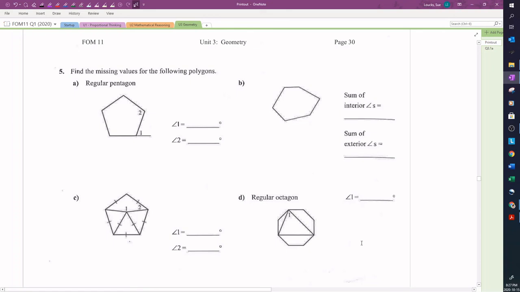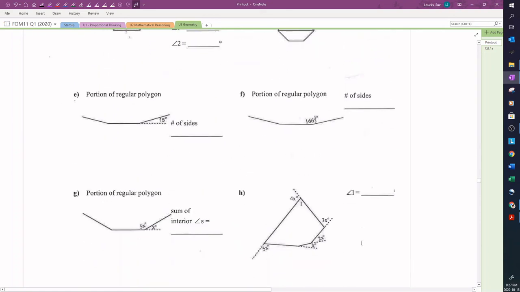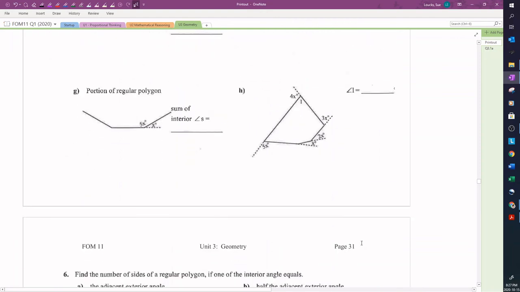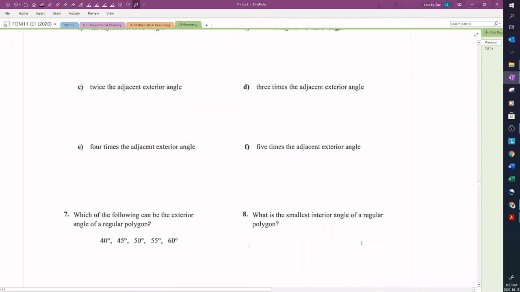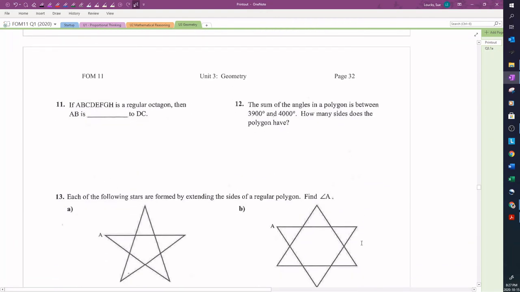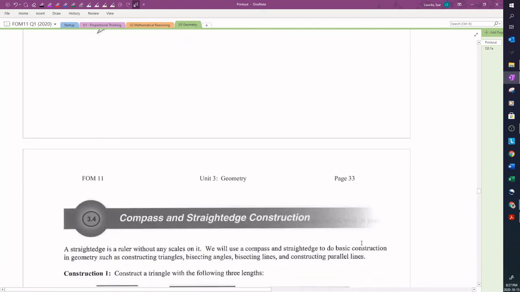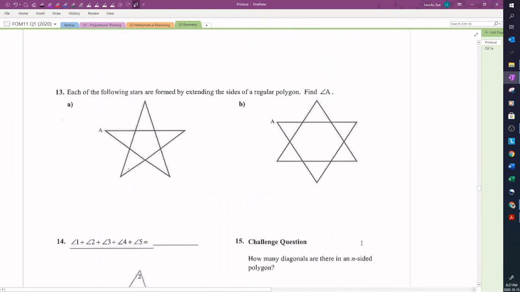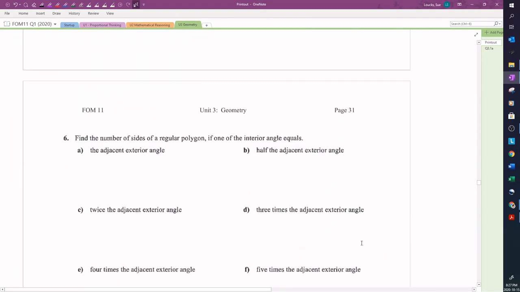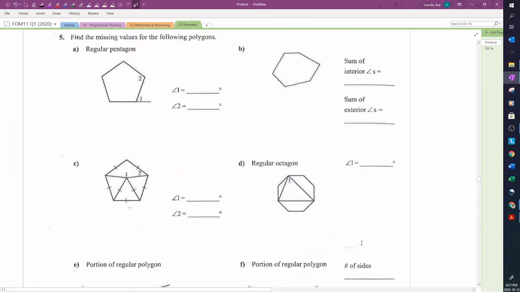I want to show you an example of one of the more difficult ones. Let's go back.